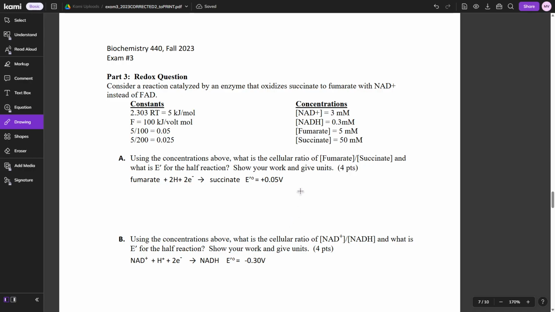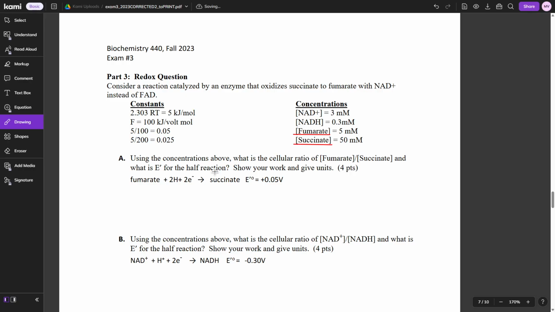But these first, so A is actually relatively straightforward. For A, we're just looking at the concentration: what is the cellular ratio of fumarate to succinate, and what is the E naught or E prime for the half reaction. So show your work in the given units. The concentration is going to be fumarate, which is this 5, divided by succinate, which is that.